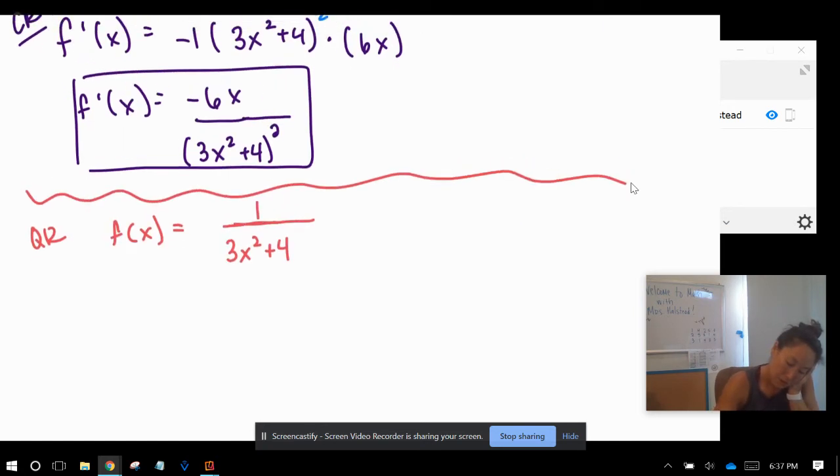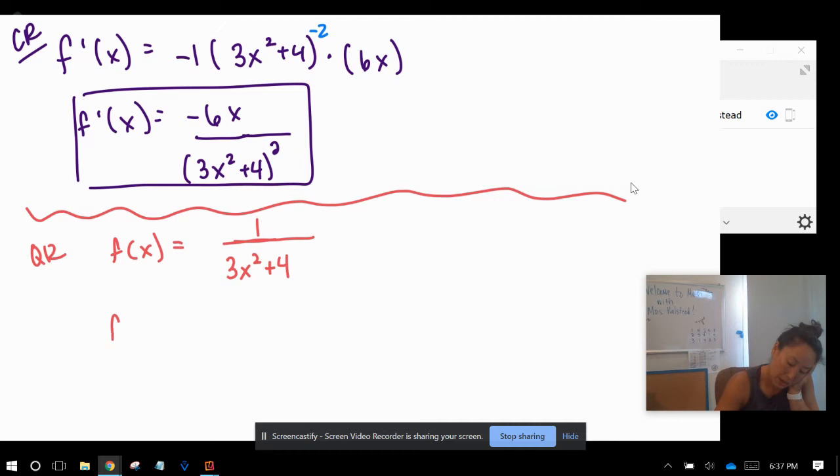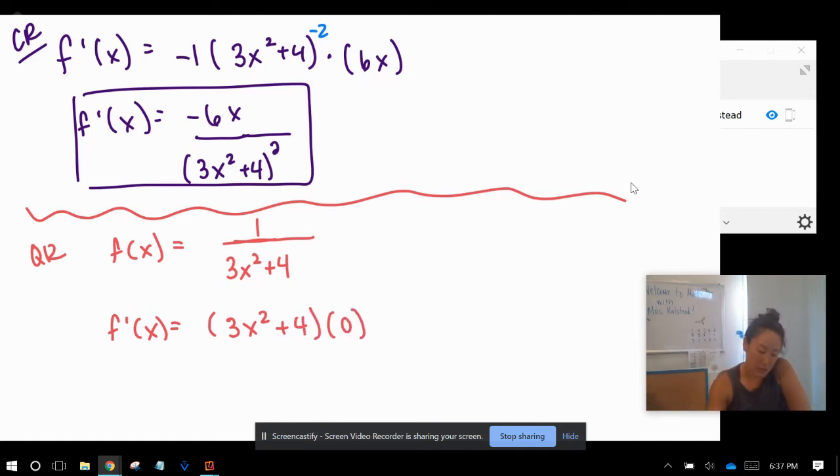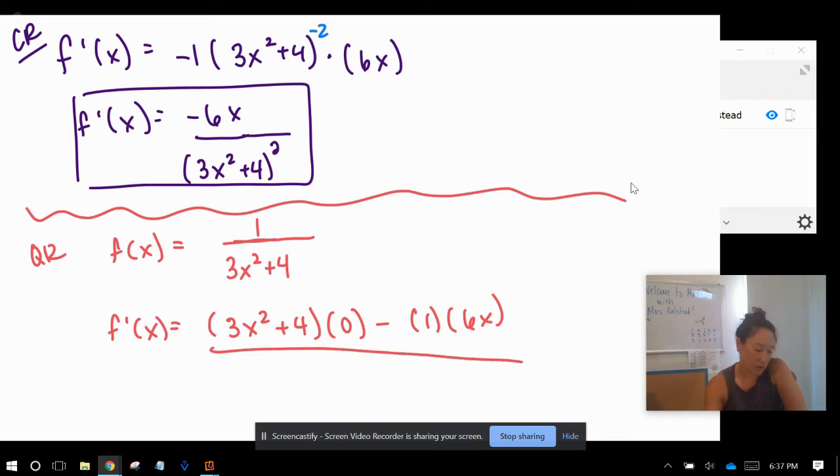So we get f prime of x is equal to low, 3x squared plus 4, times the derivative of 1, which is 0, so d high, minus the high, d low. The derivative of the denominator here is 6x. All over 3x squared plus 4 squared.